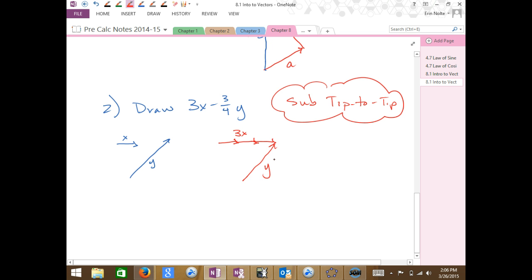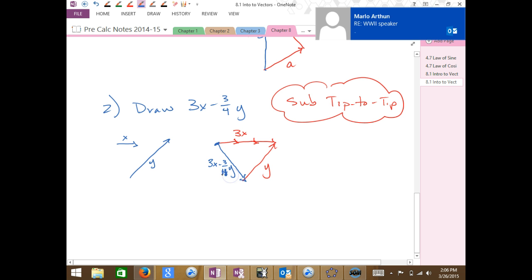Now where is my resultant vector going to go? It goes from tail to tail, but which tail do I start at? The initial tail. Exactly, I start at the initial.